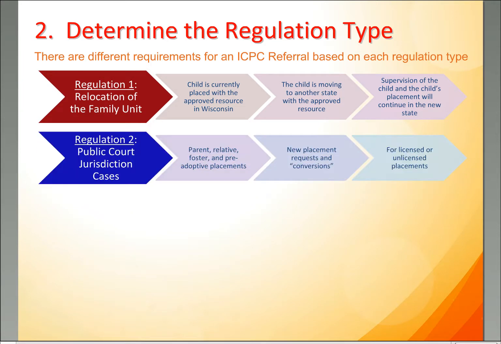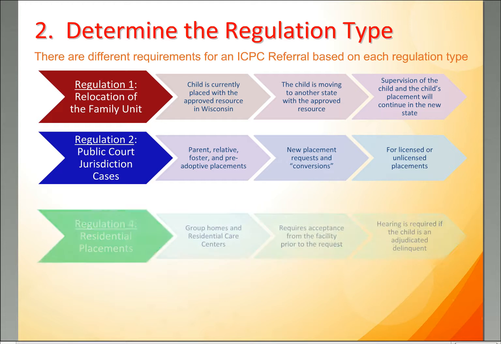Second is Regulation 2, public court jurisdiction cases. These are our most common. It may be for a parent, a relative, a foster parent, or a pre-adoptive placement. It could also be a conversion request from one of these to the other, and the request may be for a licensed or an unlicensed placement.